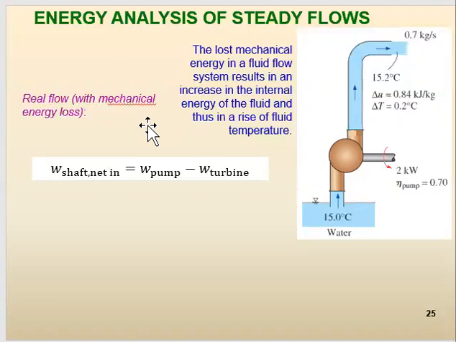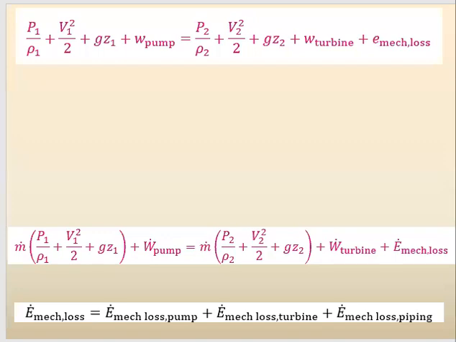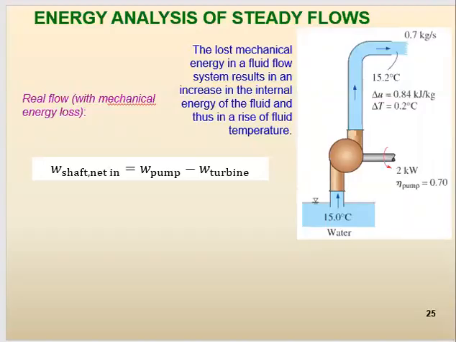So we may need to revise our Bernoulli equation if we have mechanical devices and use that revised version. That equation is not going to be called Bernoulli anymore, by the way, because you just added some terms.